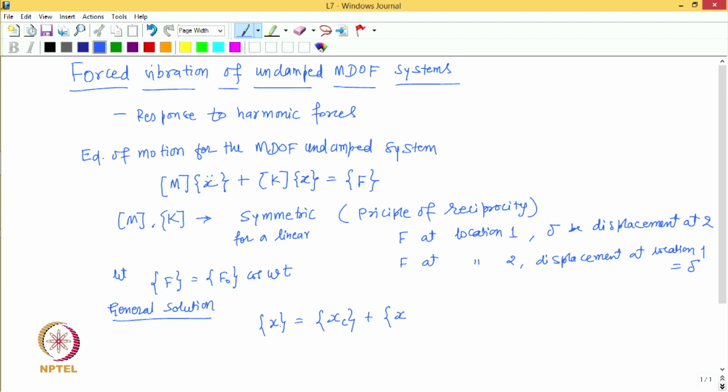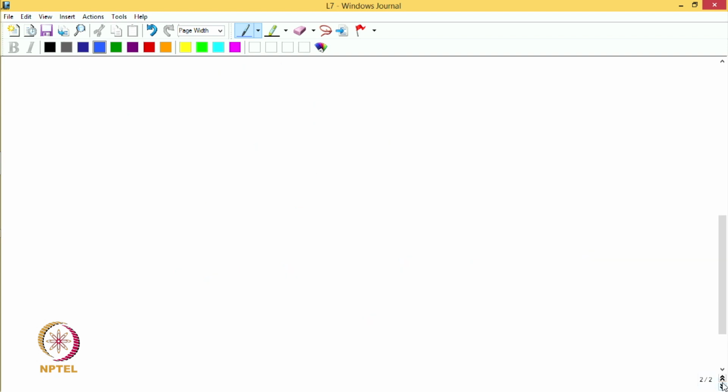So, let me represent the total solution with x t, and let x c represent the complementary part of the solution, and x be the particular part or steady state part of the solution. So, let us focus our attention on finding the particular part of the solution, the steady state part, and later we will add the complementary part to it to obtain the total solution.